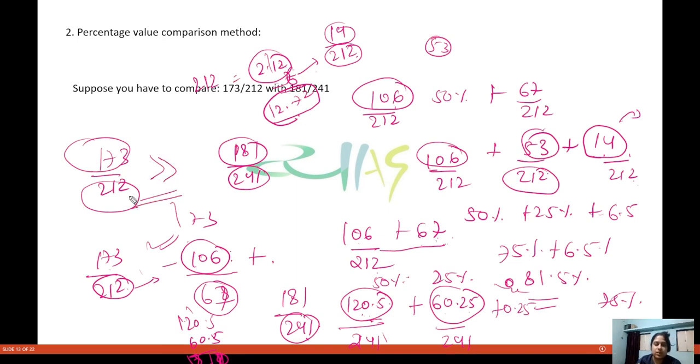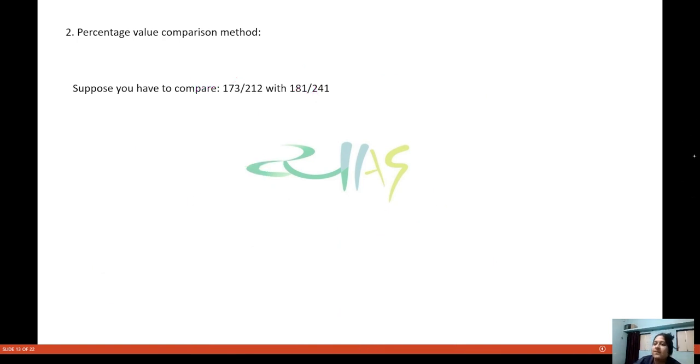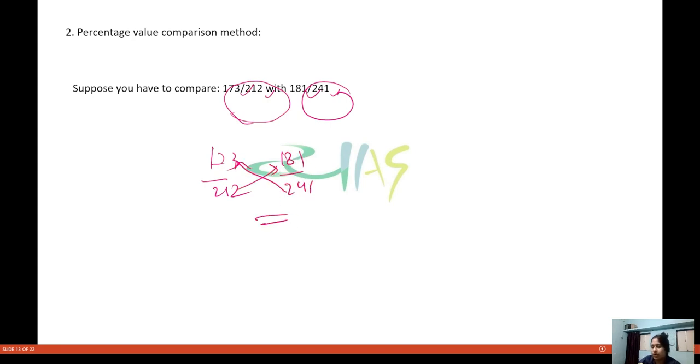If the numerator is increasing more, that means the ratio is increasing, and if the denominator is decreasing more, the ratio is increasing, and if the denominator is increasing more, sorry, that means the ratio is decreasing.